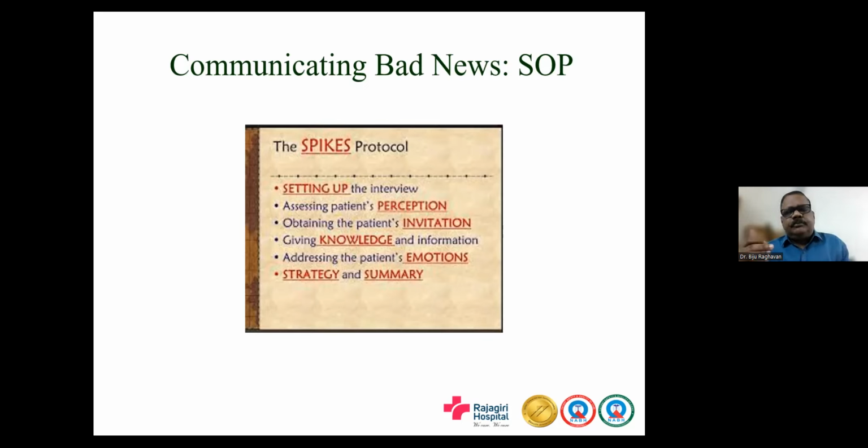Basically, we will communicate bad news only if the patient wants to know, and that is the invitation part. And we will talk about how we go about getting that invitation. And K is for knowledge, the sharing of information. And last time we had mentioned that whatever information we are sharing, we should share in a language that the person understands, and cut out all the medical jargon.